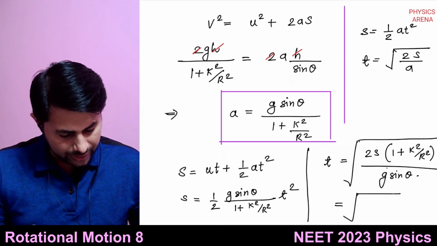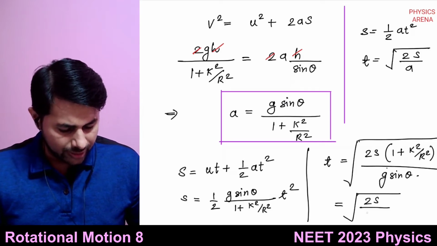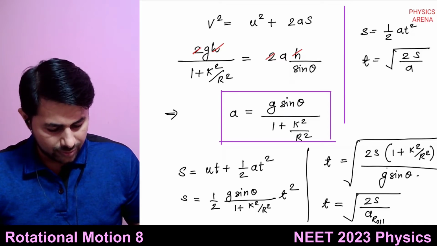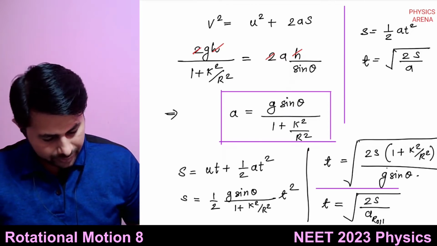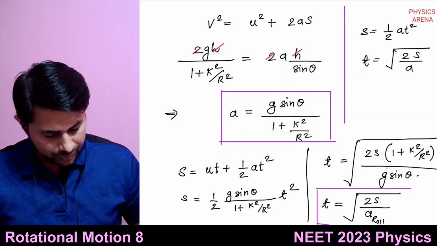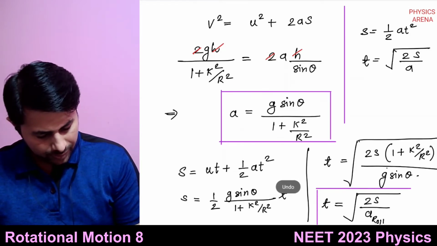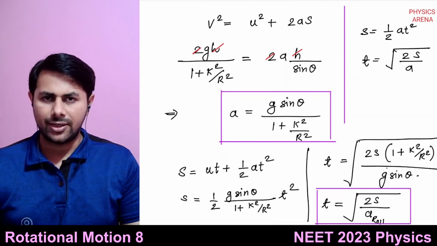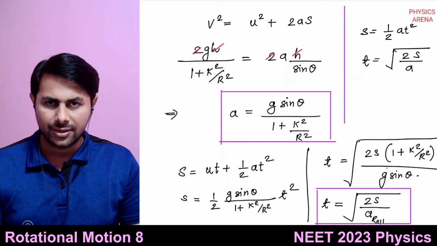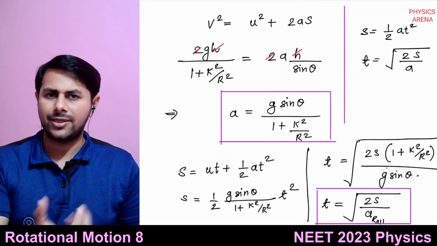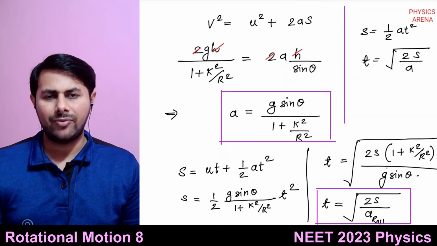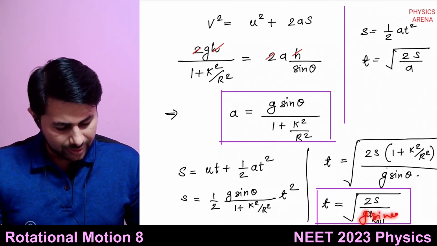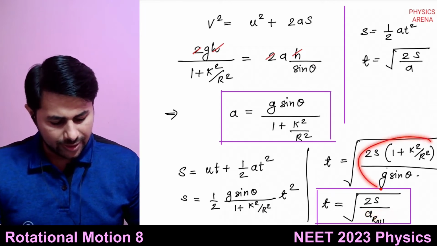I will just say it is square root of 2s upon acceleration for the rolling motion. What is acceleration when a body rolls down an inclined plane? It is g sine theta, which is acceleration for sliding motion, divided by 1 plus k square by r square. If you substitute that, you will get this thing.